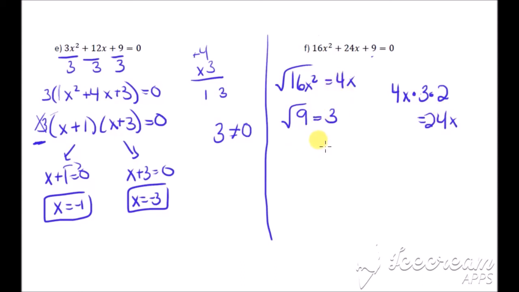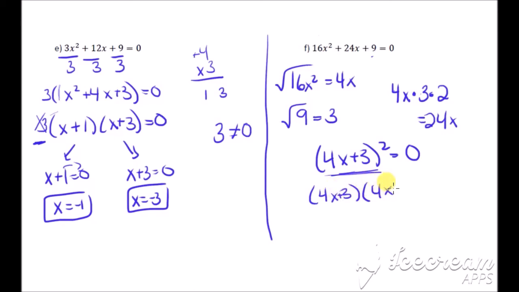So this one just breaks down into (4x plus 3) squared. And that's it. If we expanded it, we would get (4x plus 3)(4x plus 3). We know that these are identical, so we don't have to solve this twice.